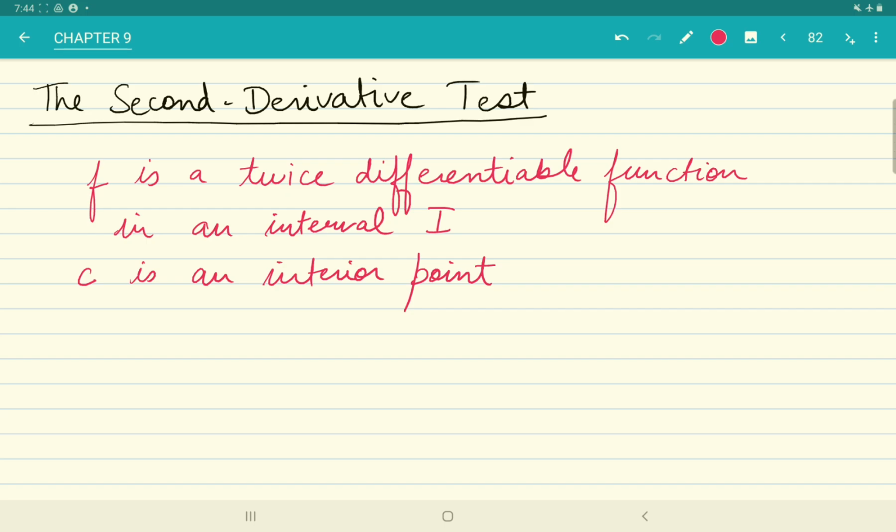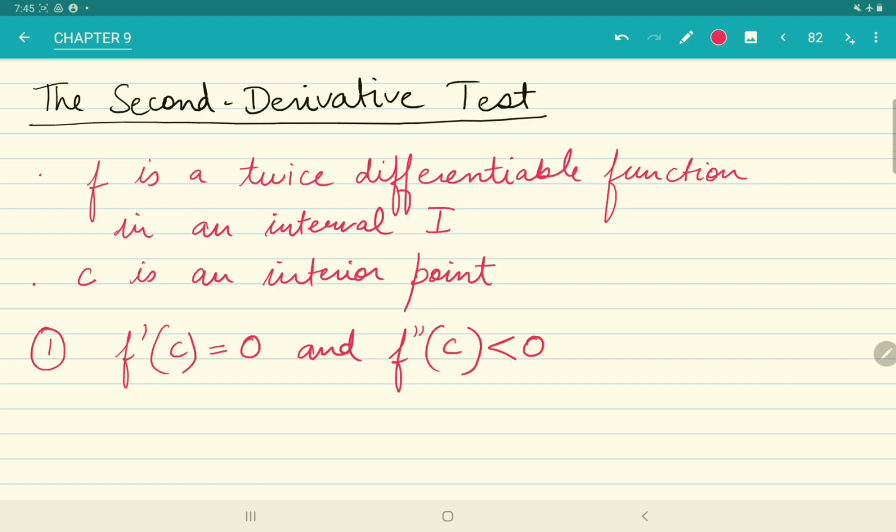So if this is the case, these 2 points to be noted, then number 1, f prime c is equal to 0 and f double prime c is less than 0. So C is an interior point and let's say C is a stationary point. Now let's take up the second derivative test to check whether the stationary point is a local maximum, whether it is a local minimum, or it is neither.